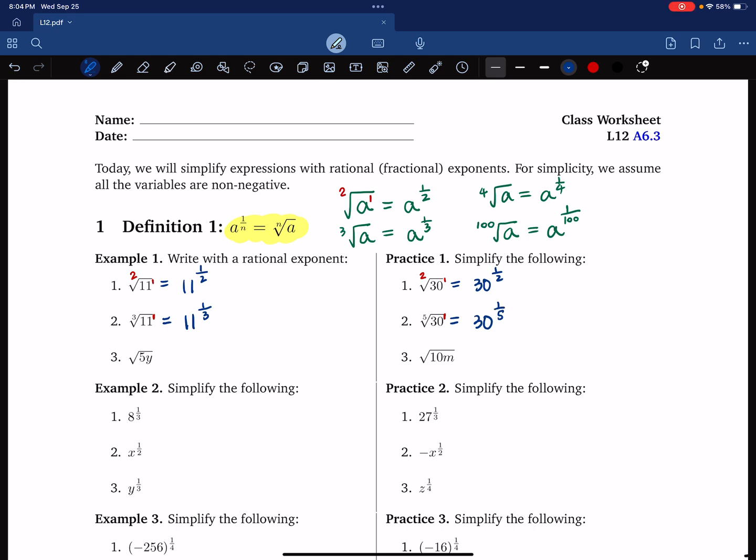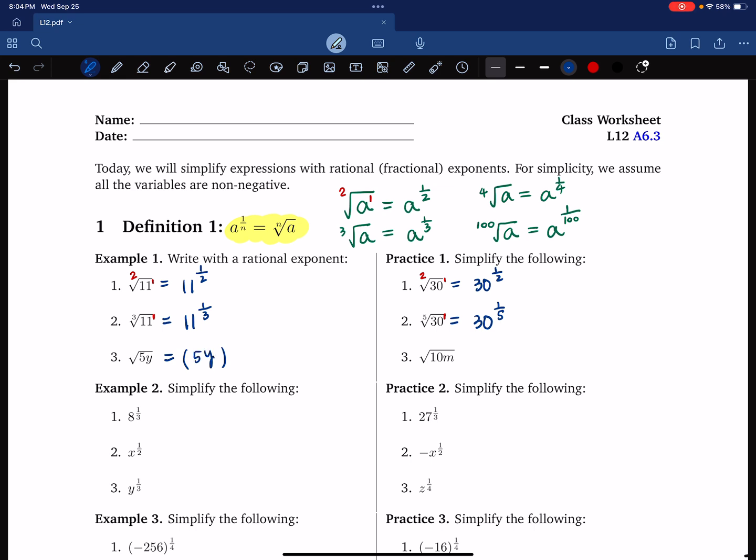Okay, number 3. Instead of having a number inside, we have an algebraic expression, which is 5 times y. If this is the case, your radicand has more than one factor, and you want to rewrite this with a rational exponent, you will need to use parentheses. And then inside, you're going to put the radicand. So in this case, it will be 5y.